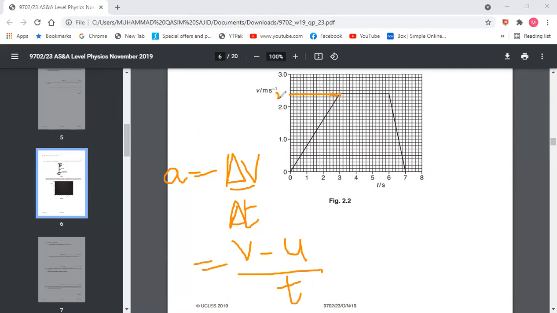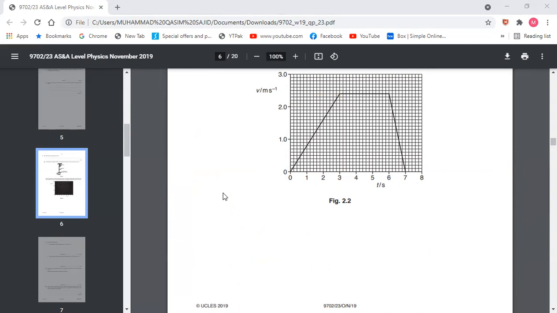This point is 2.4. So at t equals 3, the value is 2.4, and at t equals 0, u equals 0. So it equals 2.4 minus 0, which is 2.4, divided by 3 equals 0.8. So 0.80 meter per second square. This is the answer of this question.